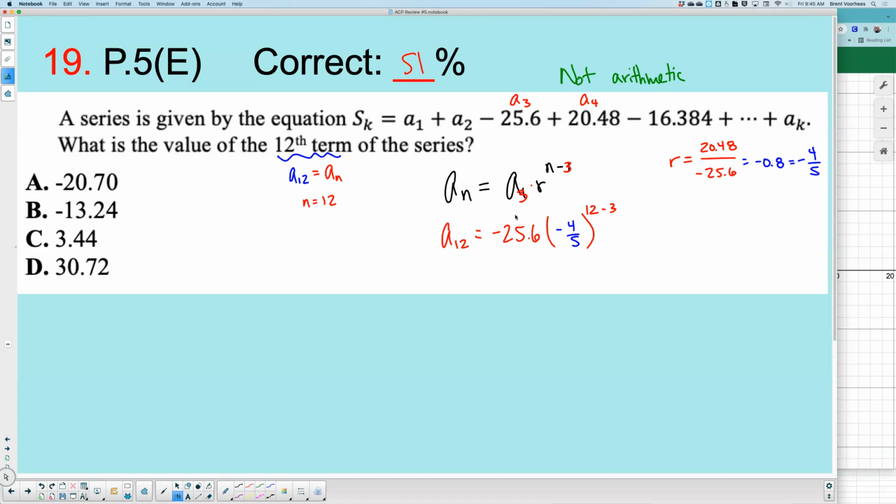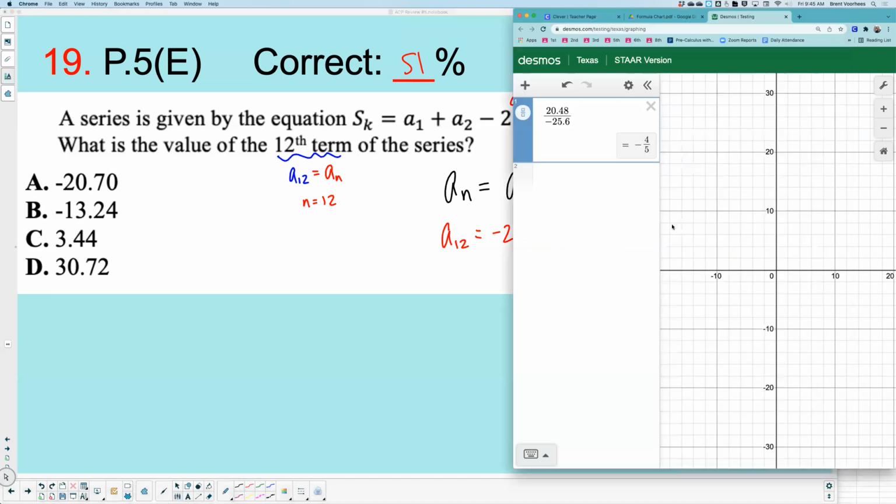All right, now we'll plug this in to find A12. You could type in A12, you don't have to, but if you type it in, you literally just press A, then 1, 2. And Desmos will automatically make it A12 like that. A12 equals, I already forgot. Oh, negative, what's the number? Negative 25.6 times negative 4/5 to the power of, 12 minus 3.